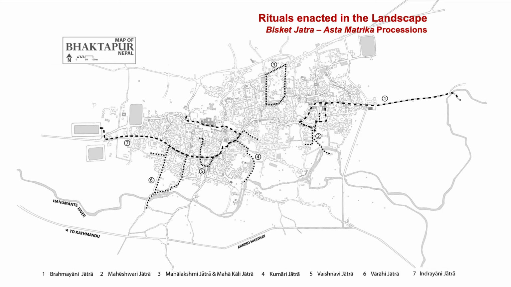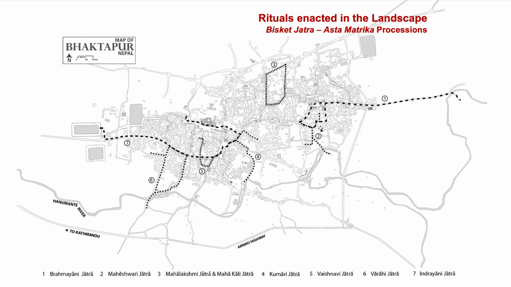Basically, the 2 chariots will be pulled towards each other in an incredibly fast manner, and then they go past each other, and then they turn, and then they come back again, coming towards each other really, really fast. They do this about 3 times, and then after that they go on their own way. So they enact the kind of contestation between these different deities in that particular way. It's a very interesting set of rituals to see.